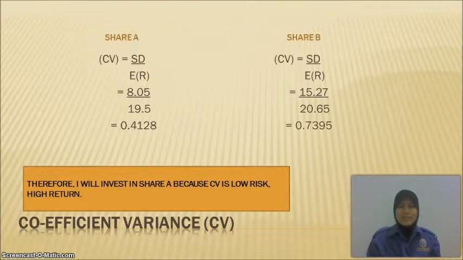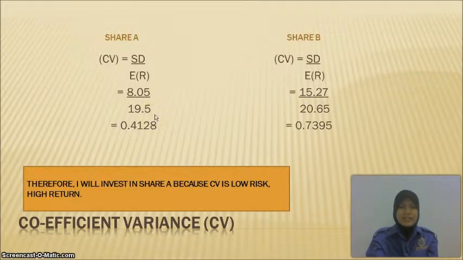Okay, now I will proceed to coefficient variance. I will show you how to calculate coefficient variance. The formula of coefficient variance is standard deviation divided by expected return. For share A, standard deviation is 8.05 divided by expected return for share A, 19.5.